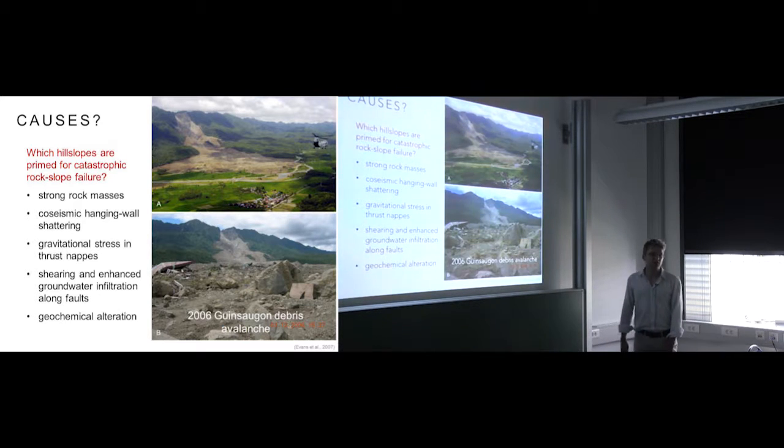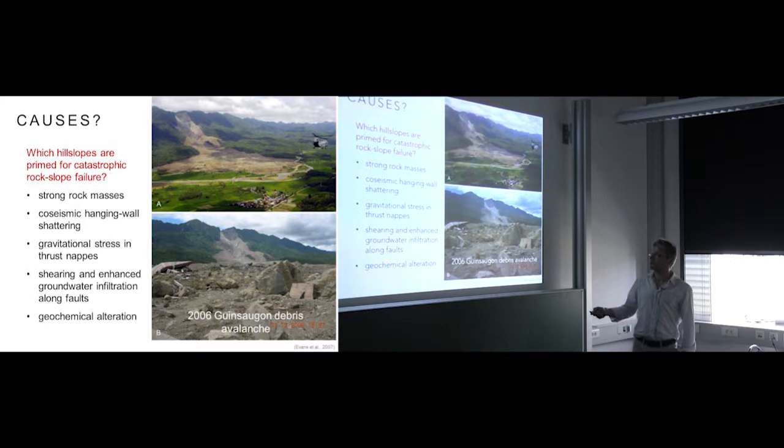Of course, one thing is we want to know whether they occur and why. And it's incidences like these here in the Philippines, a major debris avalanche in 2006, that defies all our models of rock avalanches. We knew that we need strong rock masses. If we have jointed rock masses, they're more likely to fail in small bits. We knew that we need some hanging wall shattering, some proximity to faults.